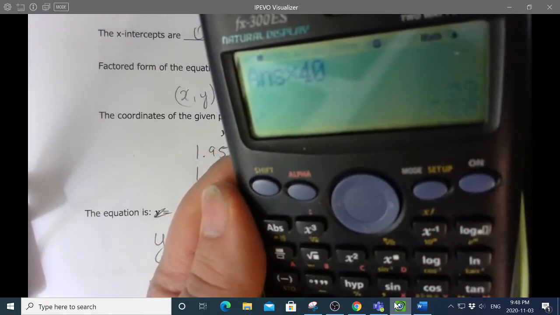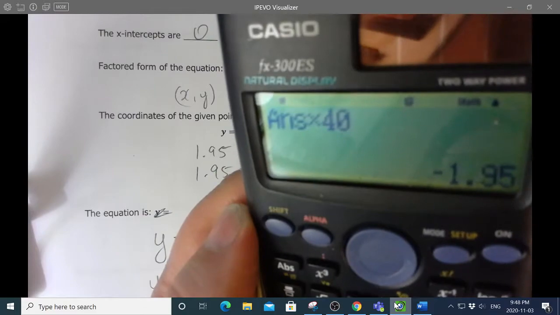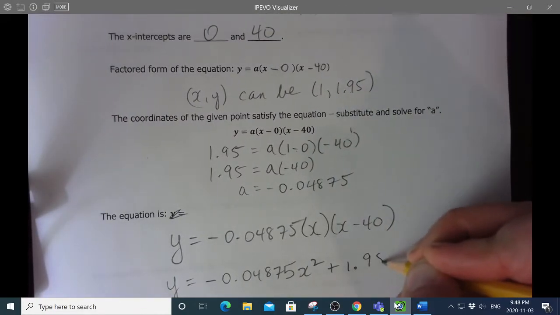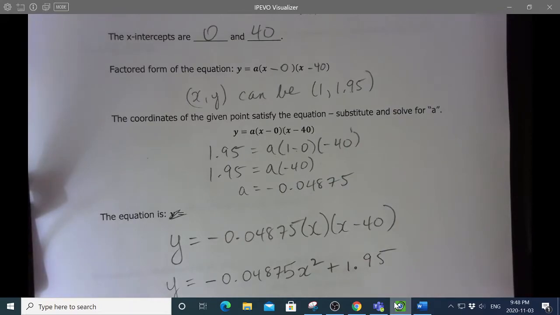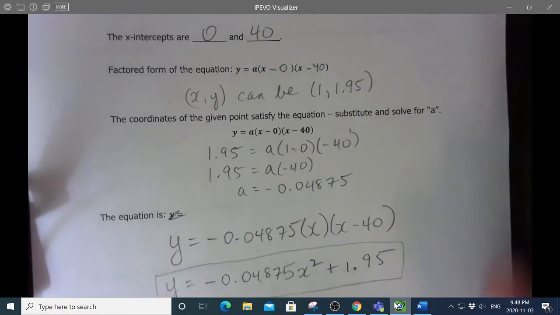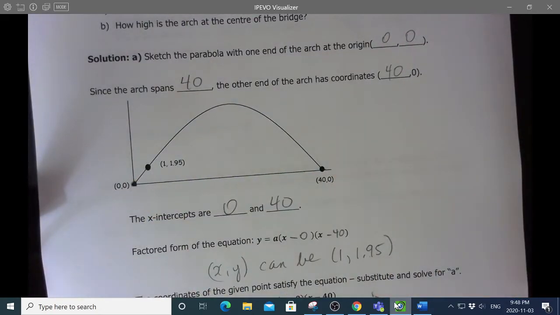Oh yeah, I know what's going to happen. It'll actually be negative 1.95. So plus 1.95. Ta-da! So there we have it. There's our equation of this arch, assuming the arch is a parabola.